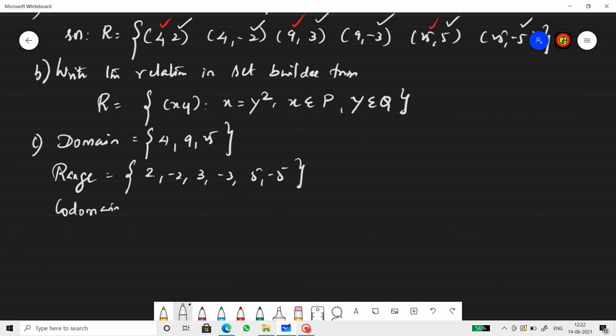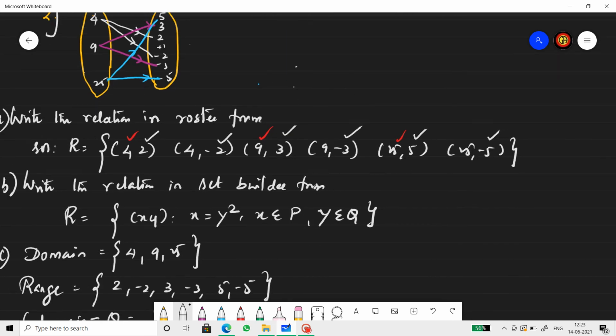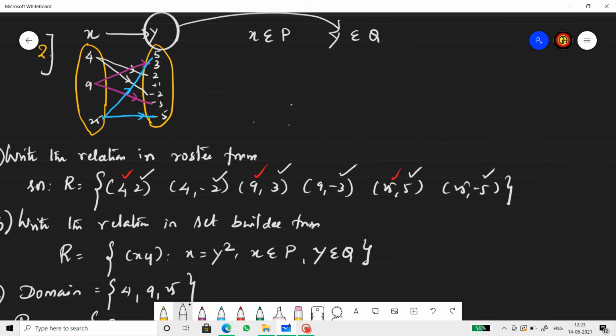So range is equal to set Q, which is nothing but... no, it's not, I guess. Let me see the diagram. Yeah, the range is the Q set, which is 5, 3, 2, all this. But the mapping is only for a few numbers, but codomain will be all the elements.